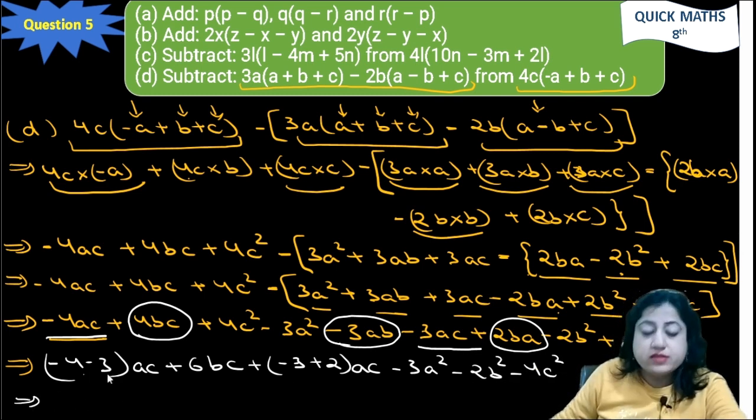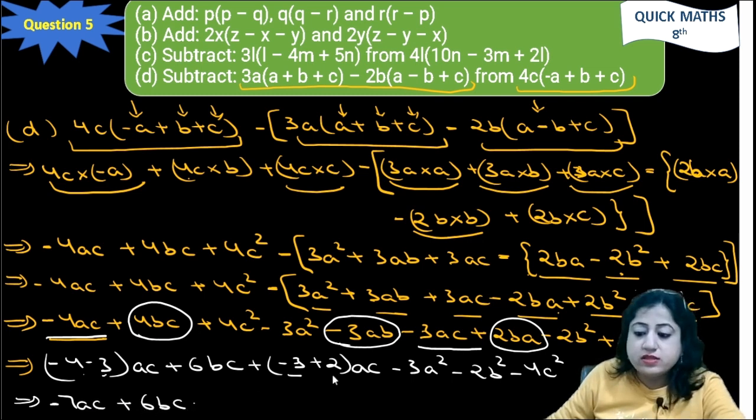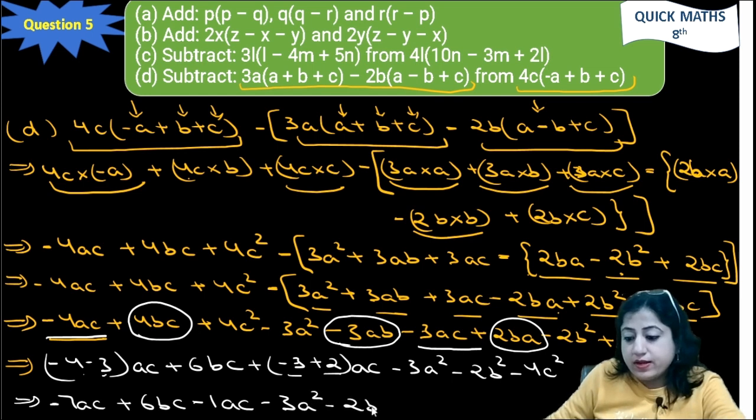Now minus 3 minus 4, both are of the same sign, so they will get added. It will be minus 7ac plus 6bc. Now minus 3 plus 2, different signs will get subtracted and the sign will be of the greater one, that is 3, minus. So it will be minus 1ab, minus 3a square, minus 2b square, minus 4c square.